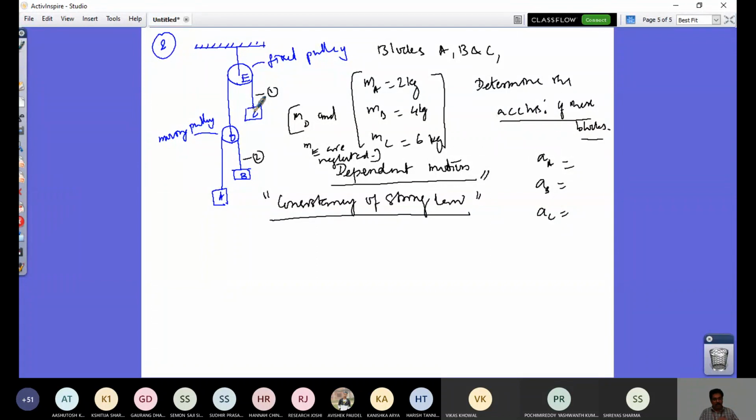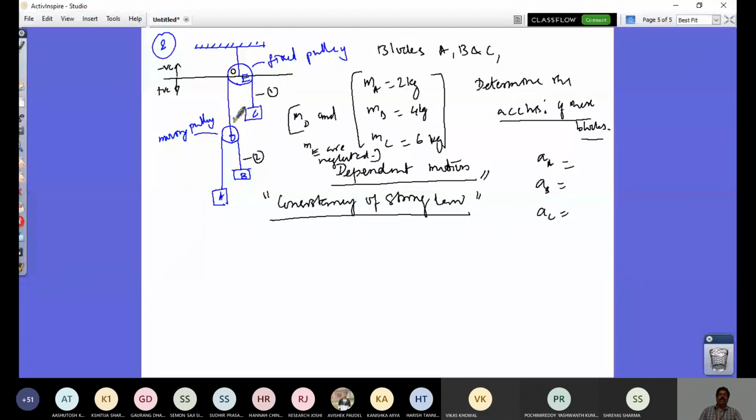Whenever I have a dependent motion problem like this, I should represent a reference which is a fixed point. In this case, the fixed point will be point E. Let's take this point as my reference. Motion of a block going down is referred to by a positive sign. If it goes up, it is a negative sign. Like that, let me take.